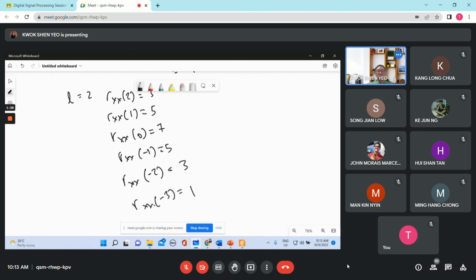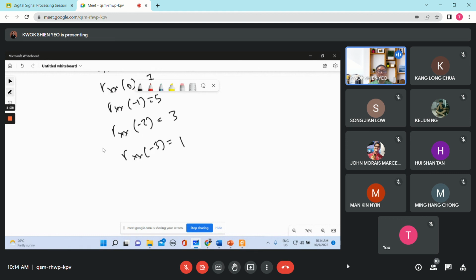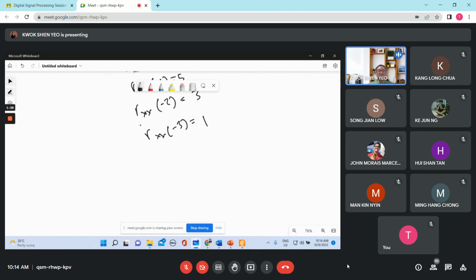If you continue with R minus 4, you get 0. R minus 5, you get 0. Similarly, Rxx4, Rxx5, you also get 0. So you ignore the zeros, because they have already disengaged from the overlapping. So you will get the answer of autocorrelation Rxx of l to be 1, 3, 5, 7, 5, 3, 1.